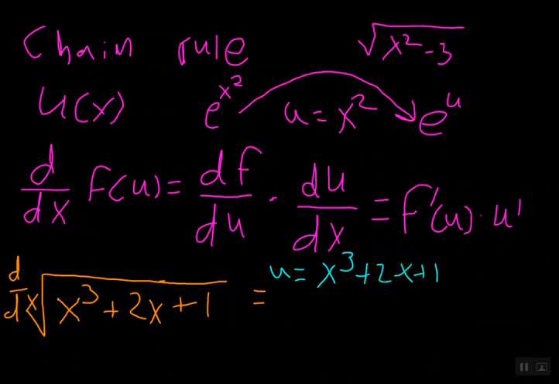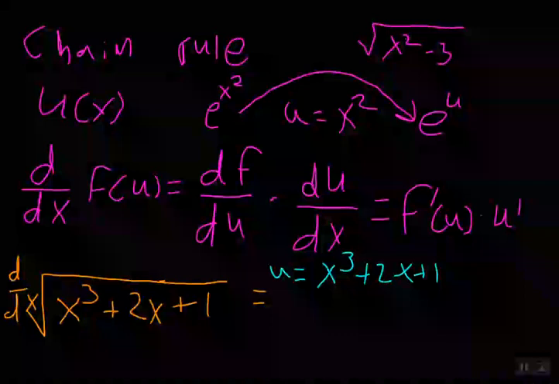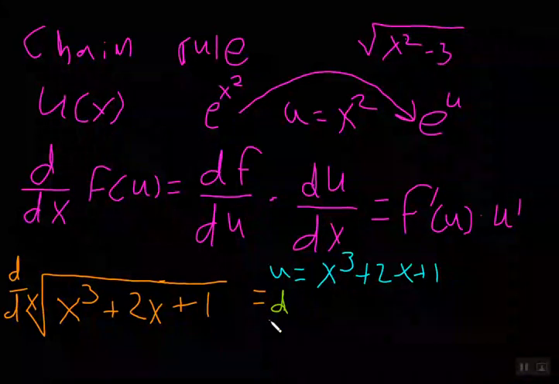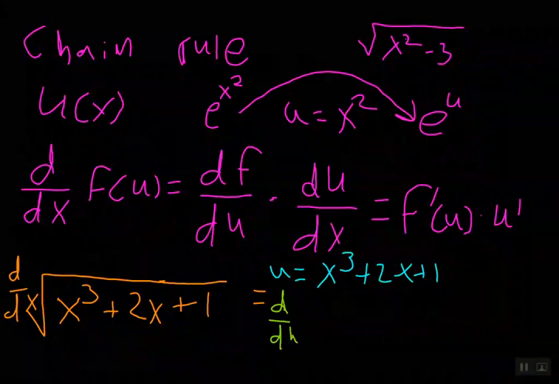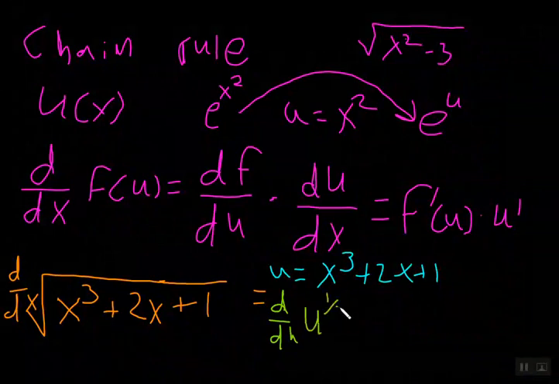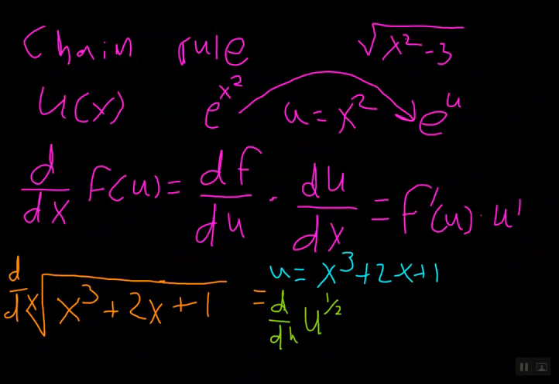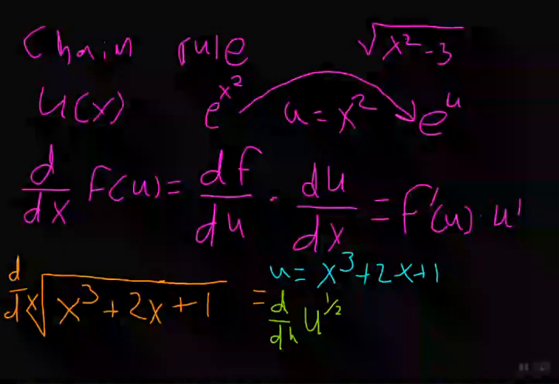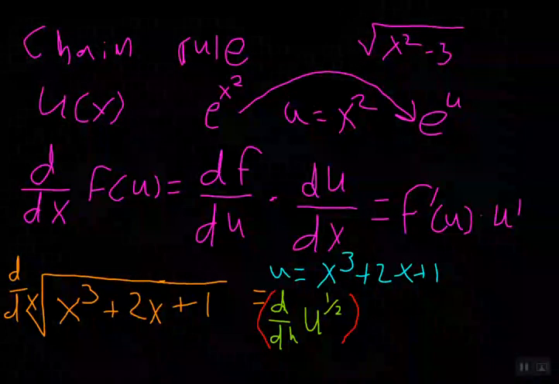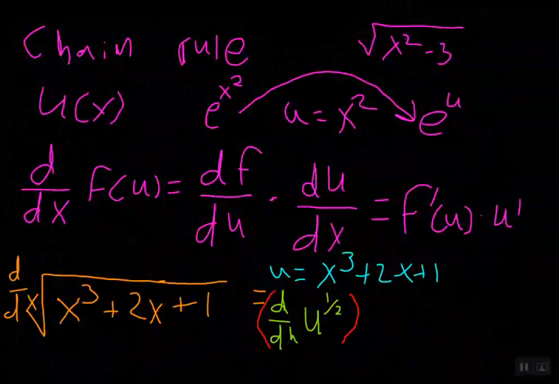So now this becomes the derivative with respect to u of the square root of u, but that's just u to the 1/2 power, and then this is multiplied by the derivative of u. But we can just do that easily right here.